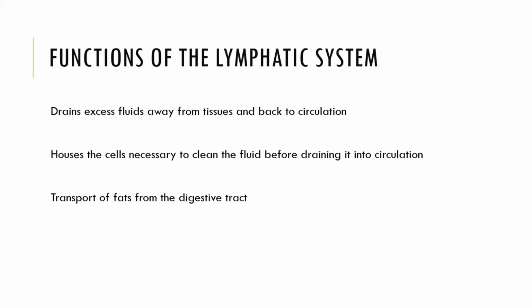Okay, functional anatomy of the lymphatic system. Let's look at some of the key functions of the lymphatics. This system is responsible for draining excess interstitial fluid, which we know is the fluid in the gaps from the interstitial space, and transports it to the bloodstream. Once this tissue fluid enters the lymphatics, it is no longer called interstitial fluid.